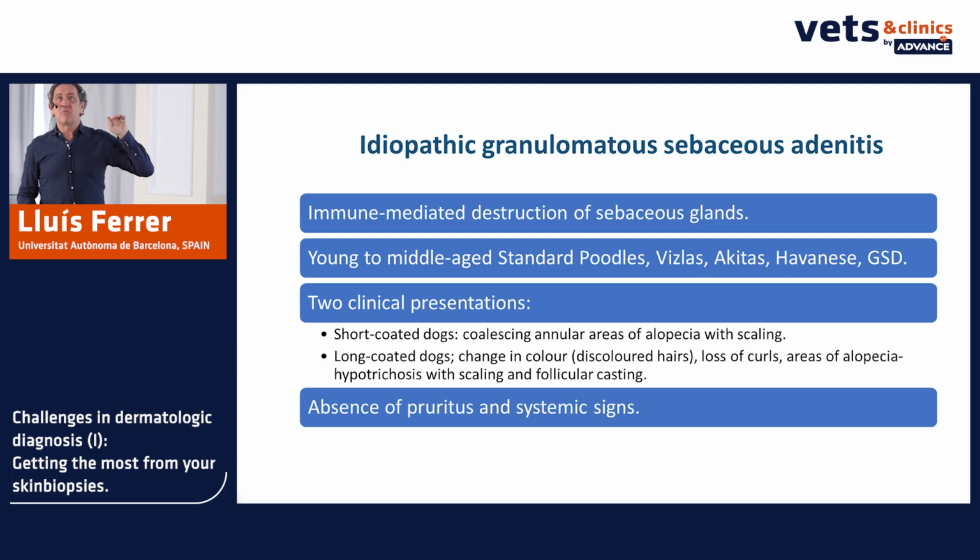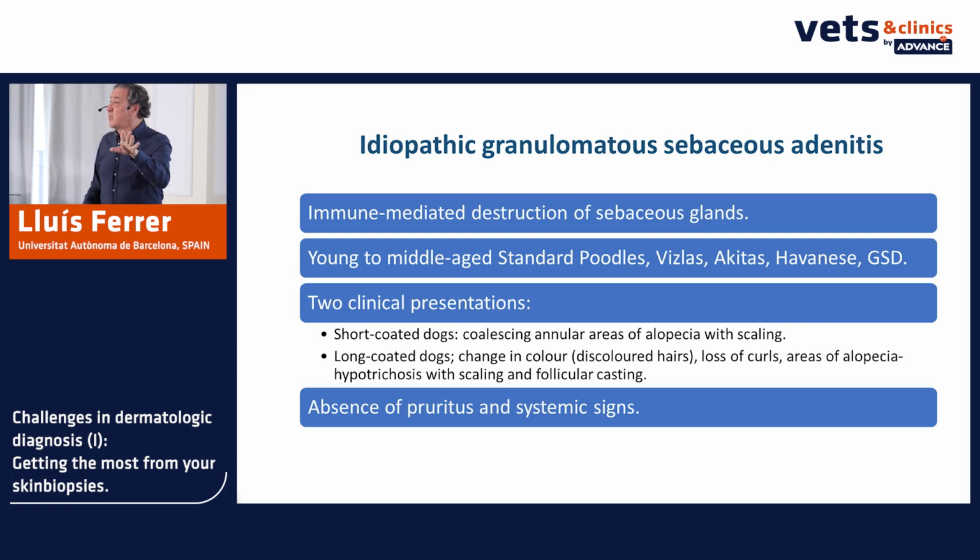Until the report of this condition, most of these dogs were diagnosed with hypothyroidism because people didn't do biopsies, simply blood work. In many cases, T4, which we know changes a lot and can be low for many different reasons, including some steroids, stress, medicines. So these dogs were diagnosed with hypothyroidism and treated like hypothyroid dogs.